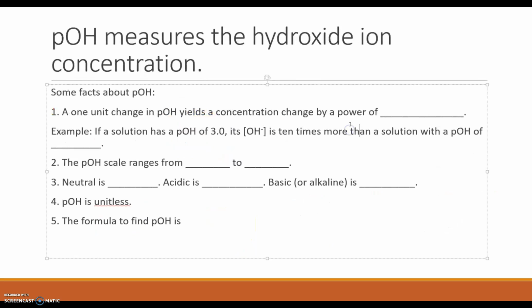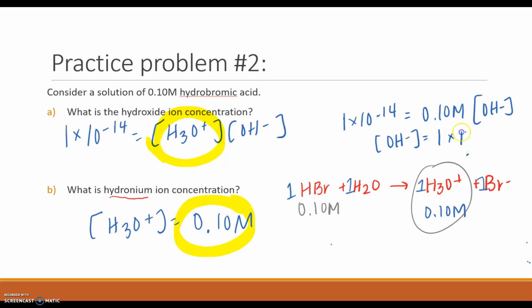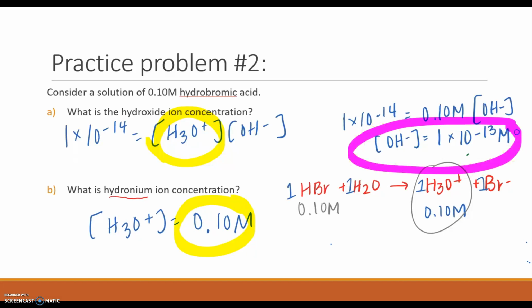So when you solve this in your calculator, you're going to type in 1 times 10 to the minus 14, and then that's 0.10 molar times OH minus concentration. You're going to plug that into your calculator, and you're going to get 1 times 10 to the minus 13 molar for the OH minus concentration. And this is your answer to that part.